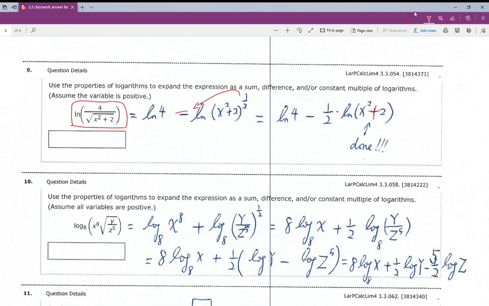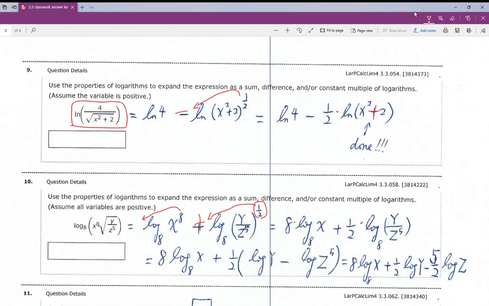Next one is more complicated, but we just follow the same rule. This multiplication we separate to addition. And then square root, you change it to degree. Now we want to keep going. You bring 1/2 degree to become coefficient. So we're almost there. And the same thing, 8 becomes coefficient, multiply.